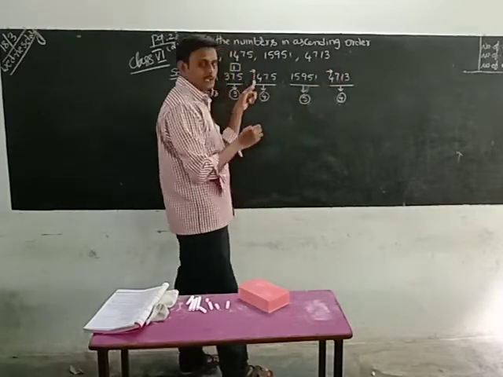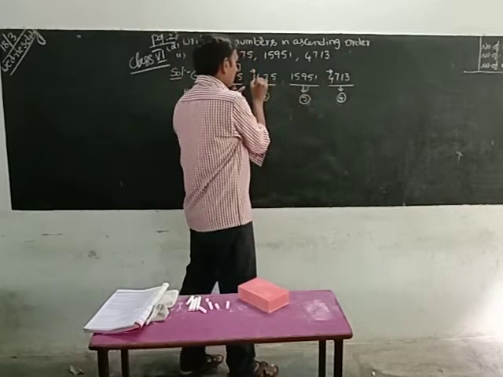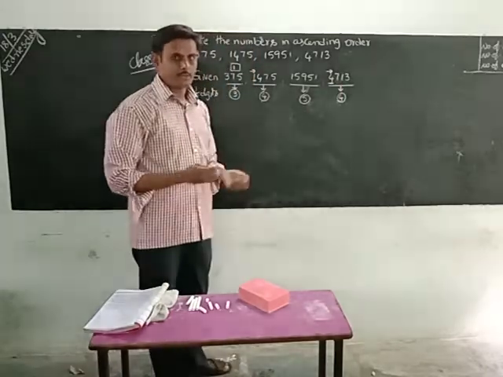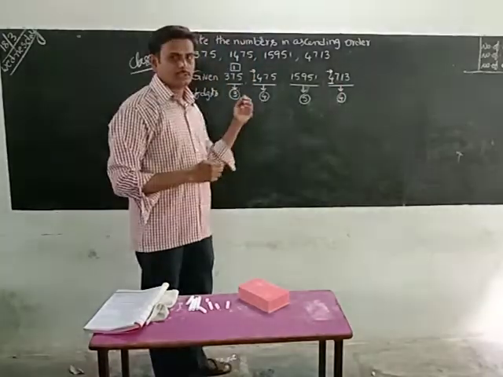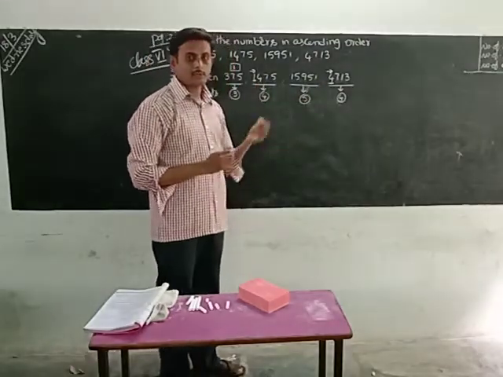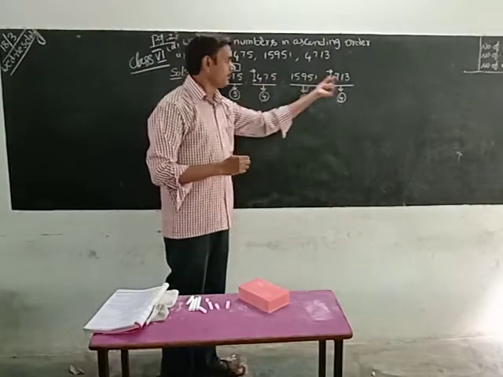What is the first digit here? 1. And here? 4. These digits are different, so we can decide which is smaller and which is bigger. Between 1 and 4, 1 is the smaller, so this is the smaller number.